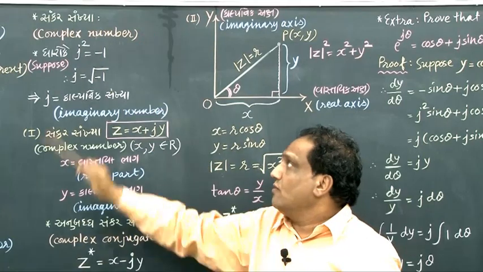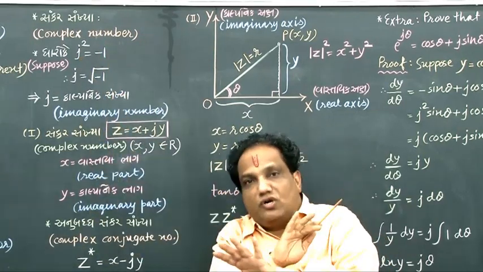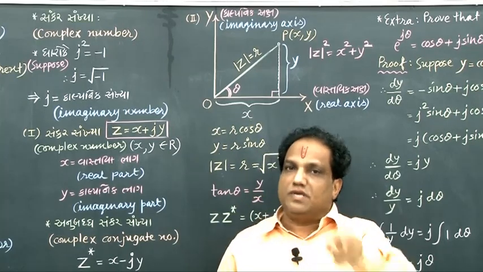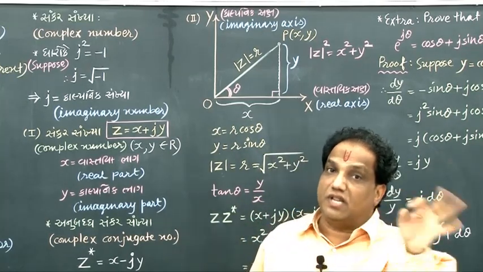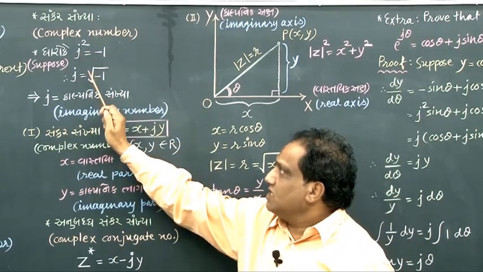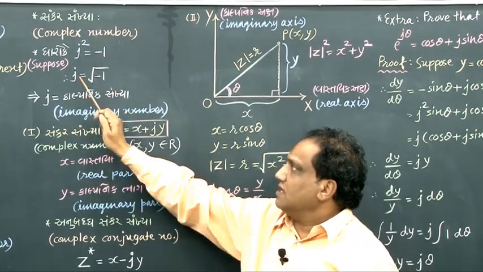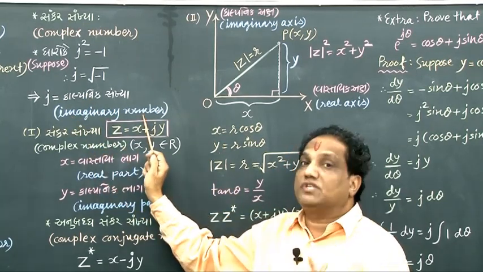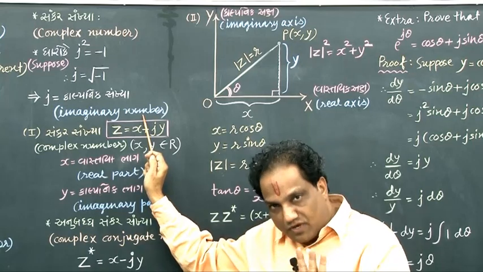Here it is negative, meaning thereby j is not a real number. A number which is not a real number is known as an imaginary number. Take square root on both the sides. So here it is j, square root of -1. Here j is called an imaginary number.